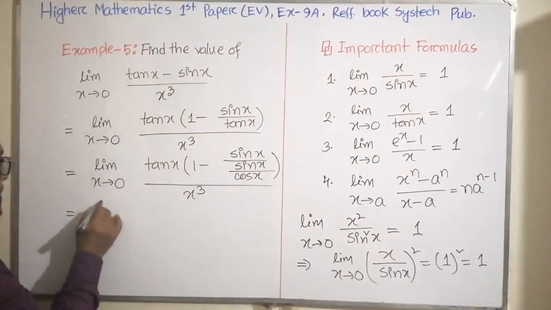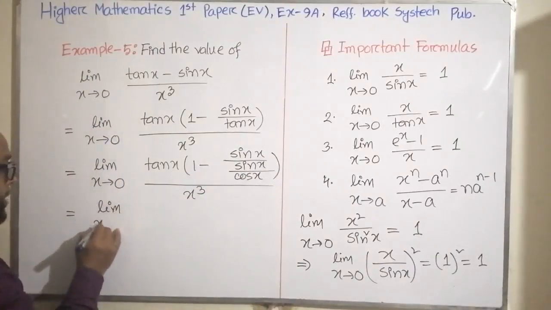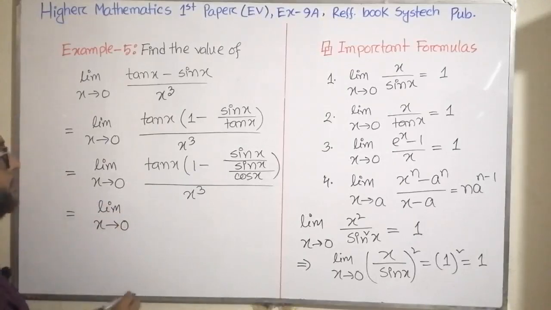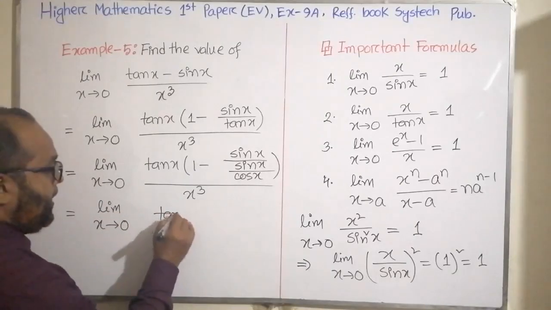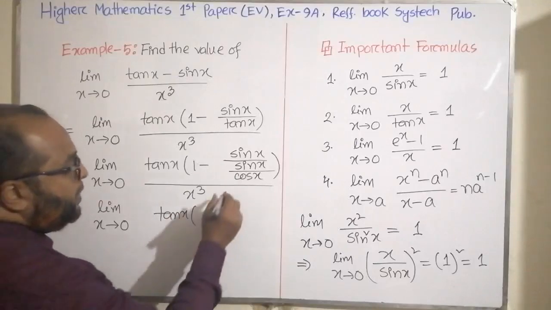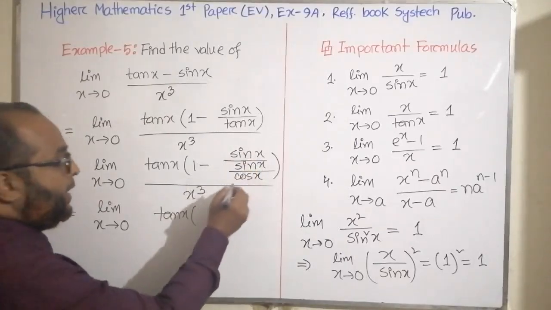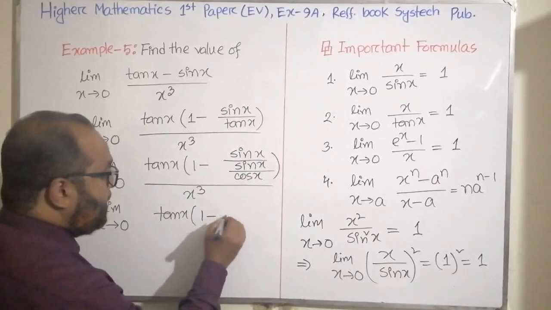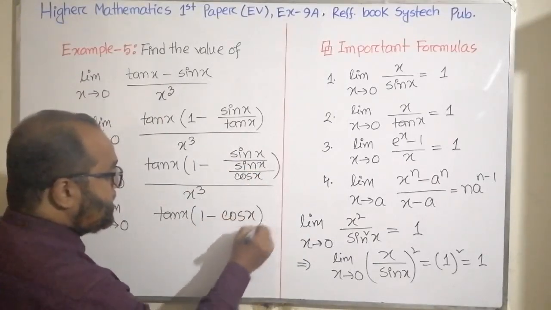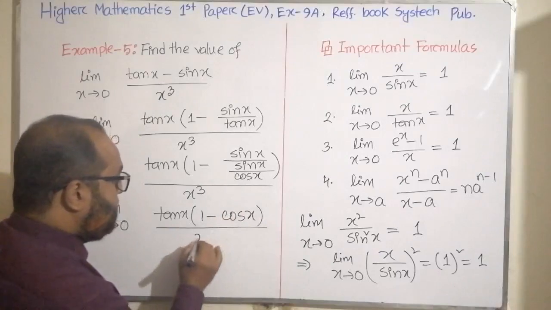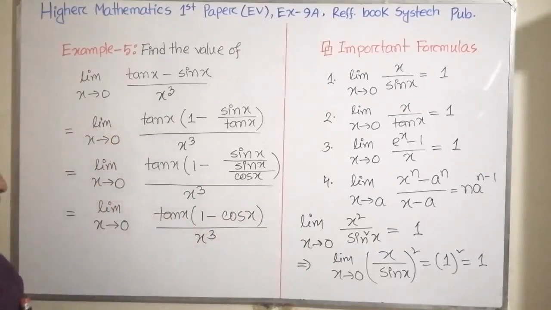This equals limit x tends to 0 tan x into, here sin x is cancelled and finally we get 1 minus cos x divided by x cube.